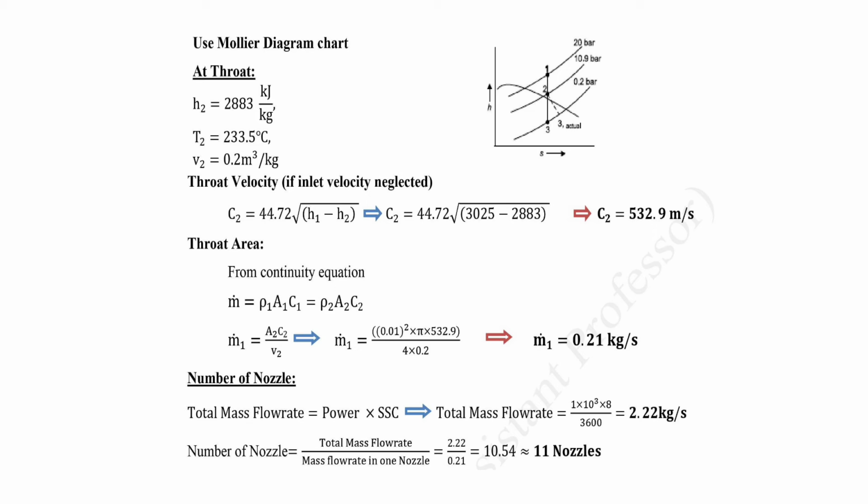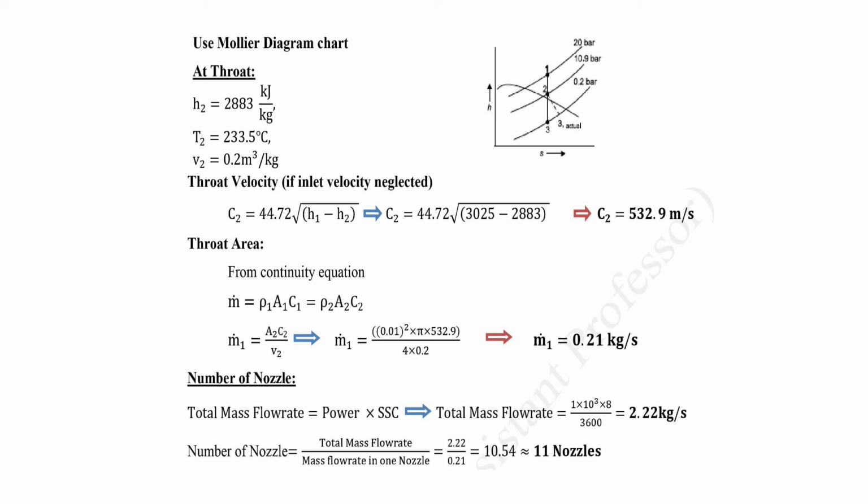The throat area comes from the continuity equation, M is equal to rho 1 A1 C1 is equal to rho 2 A2 C2. From the continuity equation we can calculate the mass flow rate of the steam. Here we know the values of A2, C2 and V2, used to calculate the mass flow rate in one nozzle and the number of nozzles.